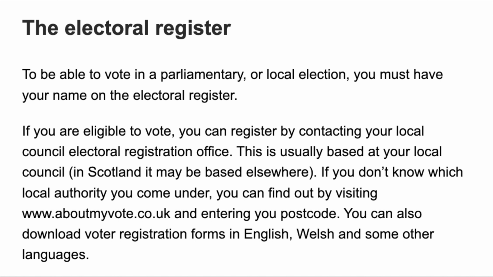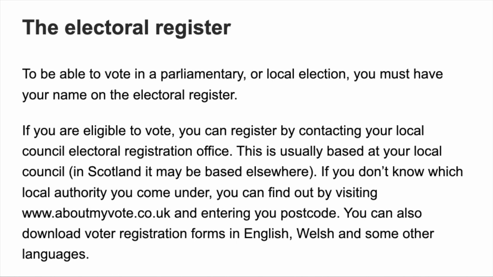If you don't know which local authority you come under, you can find out by visiting www.aboutmyvote.co.uk and entering your postcode. You can also download voter registration forms in English, Welsh, and some other languages.